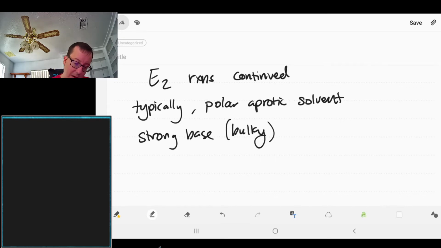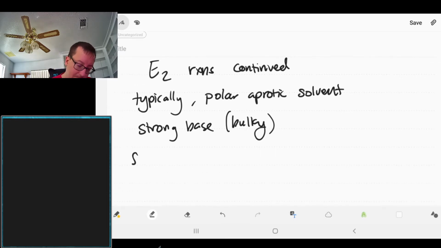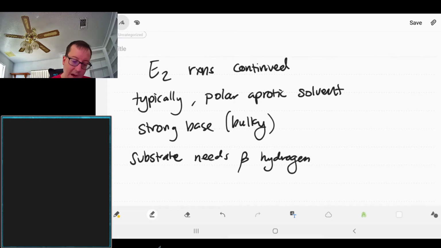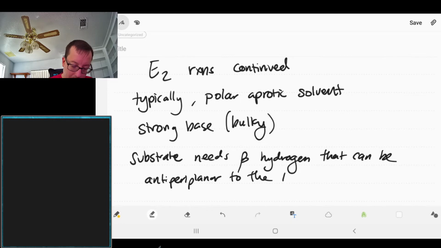And then we have the substrate. It needs a beta hydrogen that can be anti-periplanar to the leaving group. All right, so this was our conditions for doing an E2 reaction.